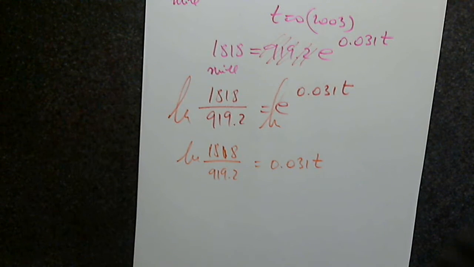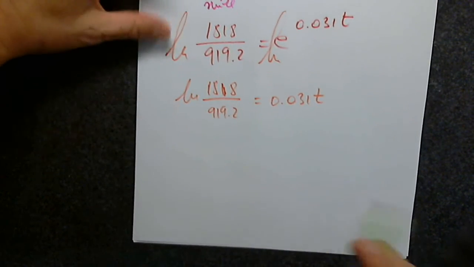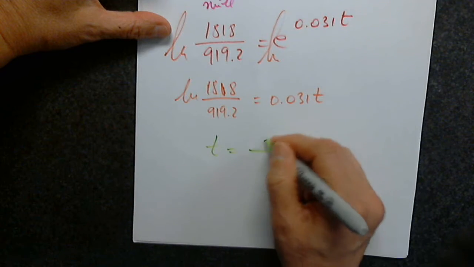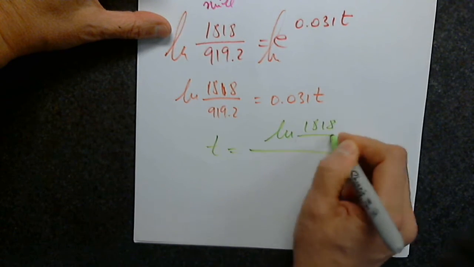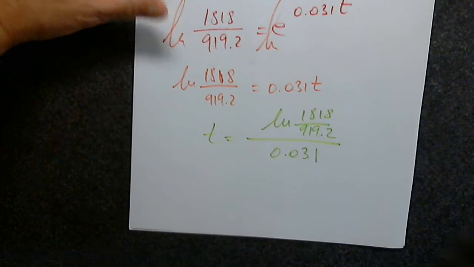I should write times natural log e, but I know by now that natural log e is what? 1. Very good. So then t equals natural log of 1818 over 919.2, over 0.031.